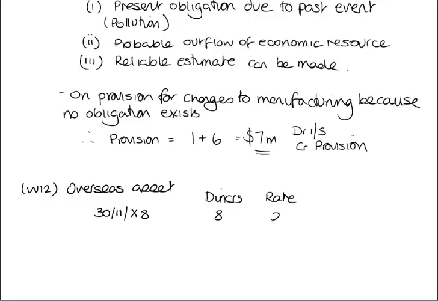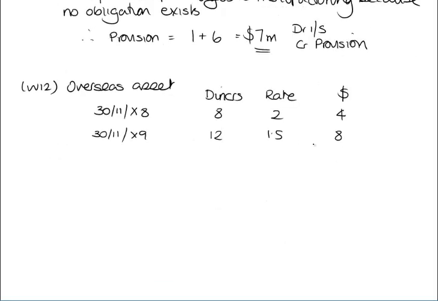The rate was 2, so the dollar value was 4 million. At the 30th of the 11th, X9, we revalued it to 12 million. The exchange rate is 1.5, so the dollar value is 8 million.